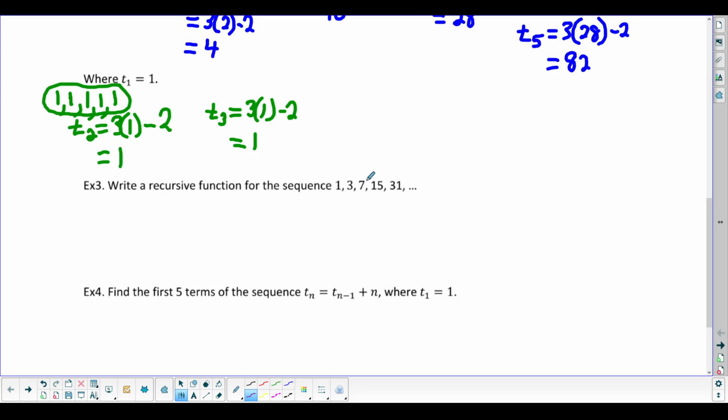So this is not arithmetic, so there's not a constant addition happening from one term to the next. What about multiplication? So that's times 3, times something weird, times something else weird. Okay, well, that doesn't seem to work either. There's not a constant multiplication. But maybe we can come up with some sort of combination of those two.